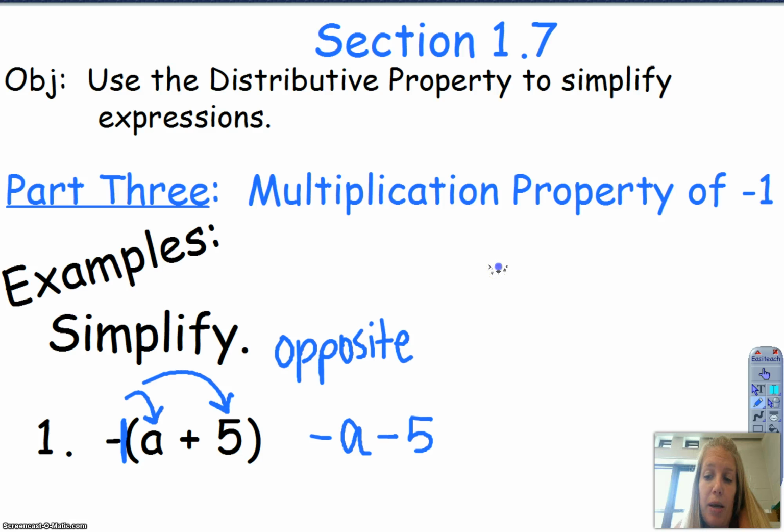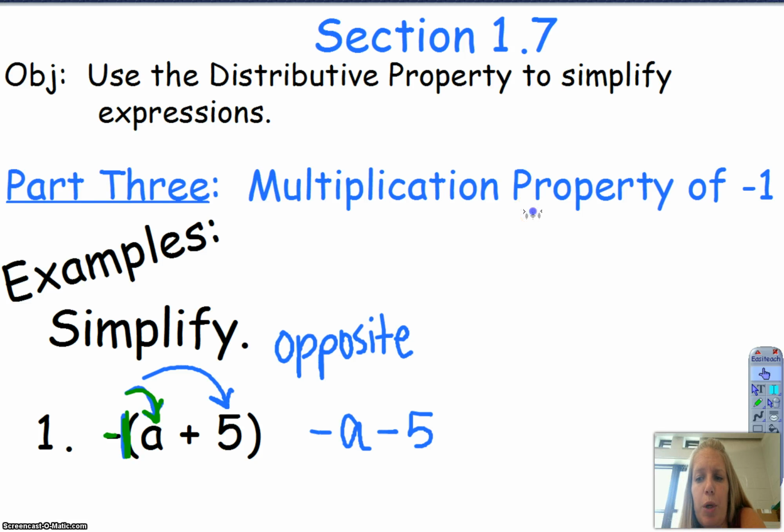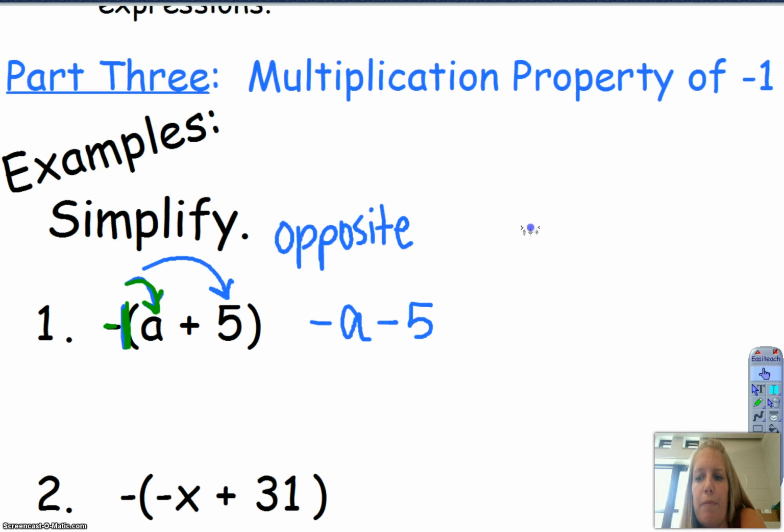If you want to think of it the way with the -1 that you're distributing, when you do -1 times A, you get -1A. But remember, we don't write that 1, so erase it. And then you would do -1 times a +5, and you get -5, which is why we write -5 there. So you arrive at the same answer either way. Let's do one more of those, and then we'll move on to part 4.